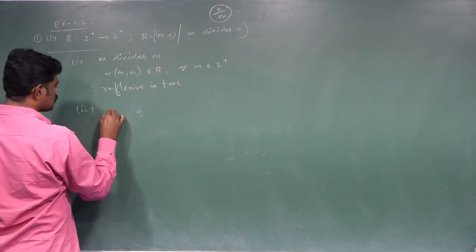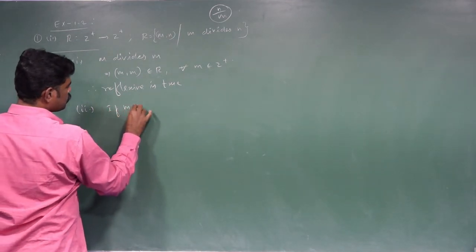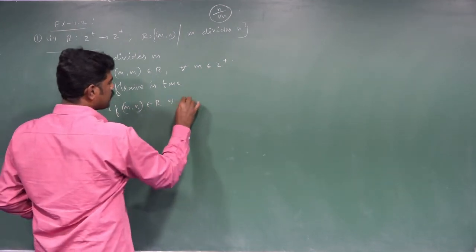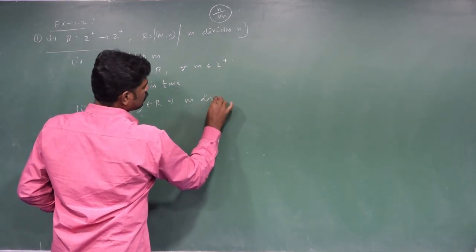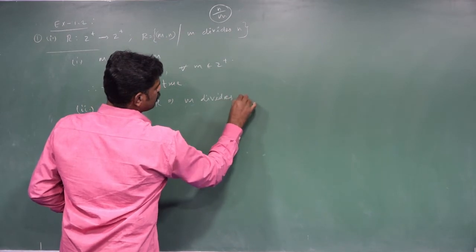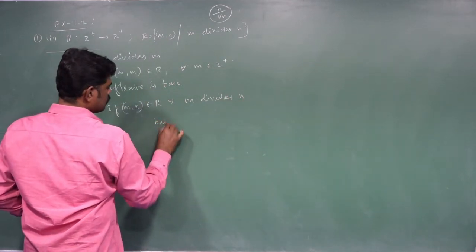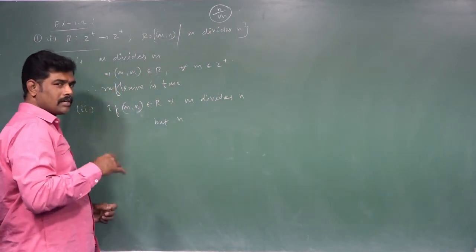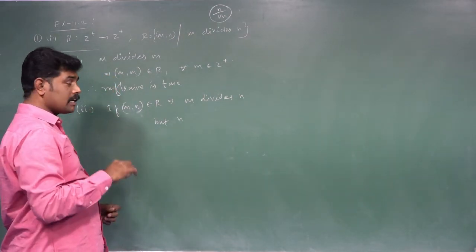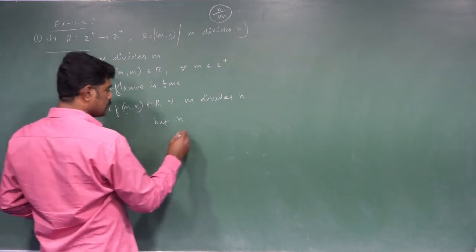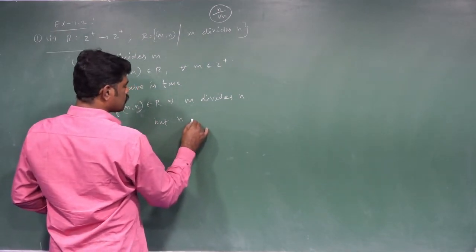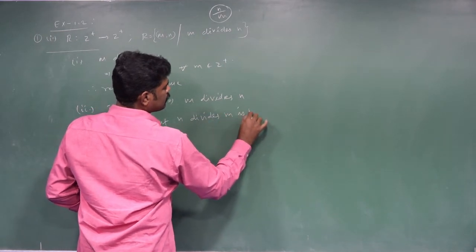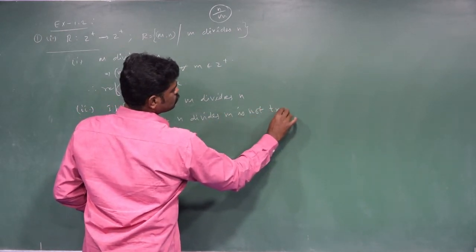Second case, symmetric. Symmetric means: if m comma n belongs to R, this implies m divides n, but n divides m is not always possible.